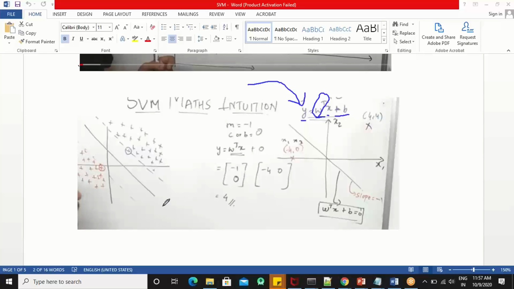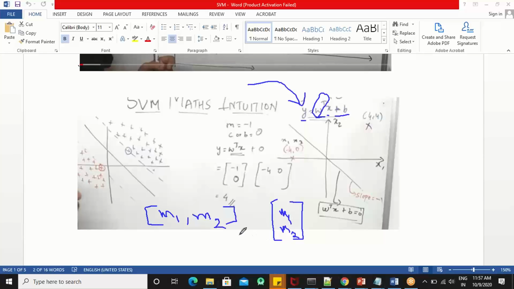What I mean by that is, say you have weight m1 comma weight m2. This is your weight vector. Transpose of a vector converts it from horizontal to vertical. It's like m1 here and m2 here.